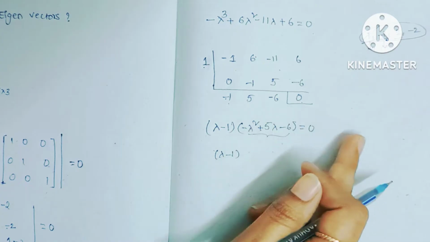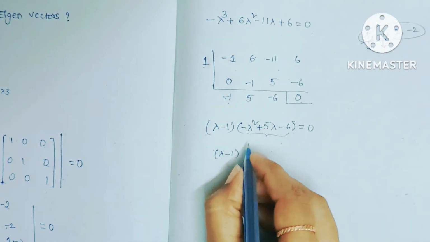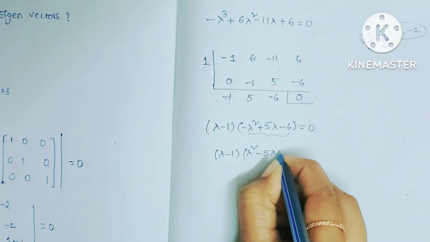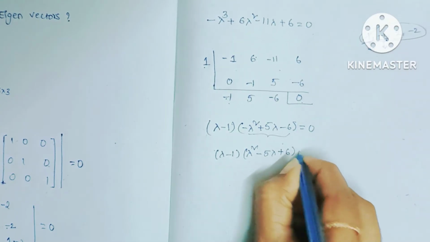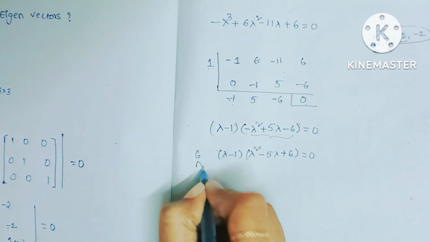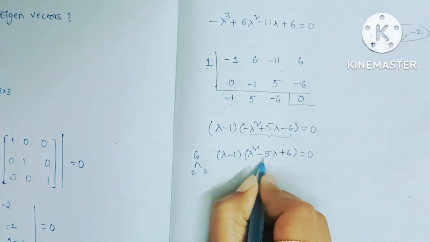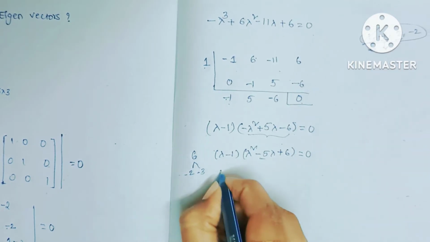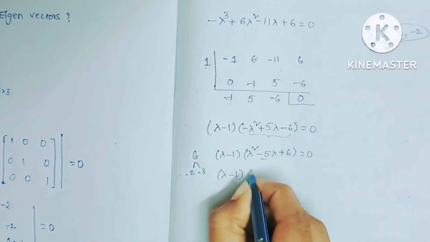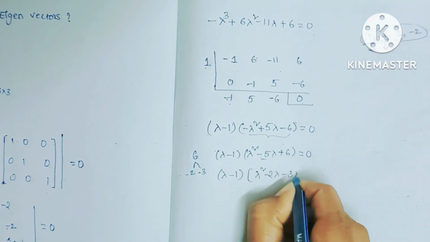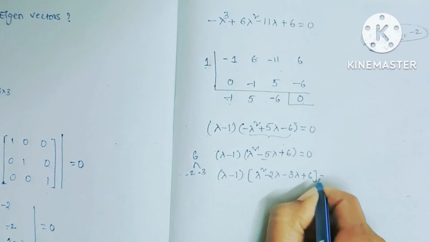If we take minus this side, nothing will happen. So lambda square minus 5 lambda plus 6 is equal to 0. Here for 6 we can write 2 threes are 6. So here we have minus 5, so minus 2 minus 3 we can write like this. So here we get lambda square minus 2 lambda minus 3 lambda plus 6, which is equal to 0.